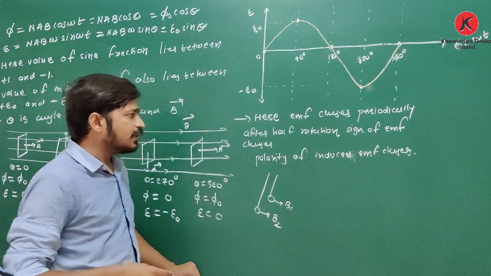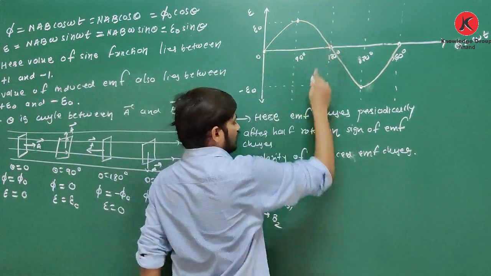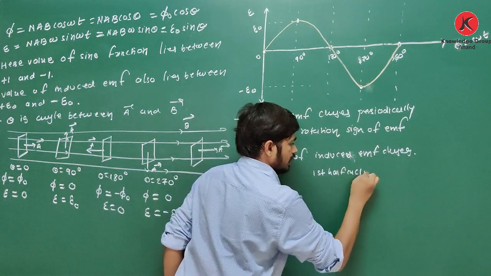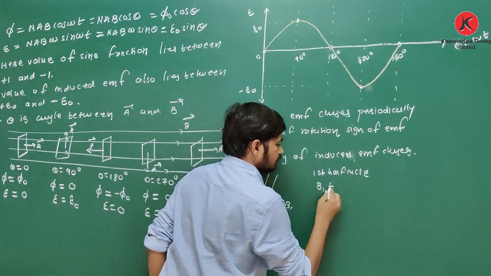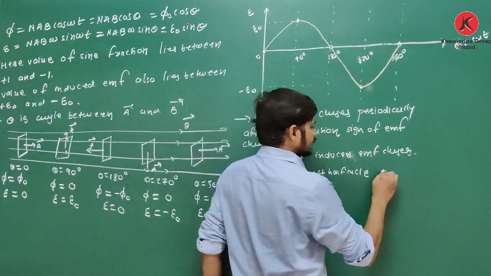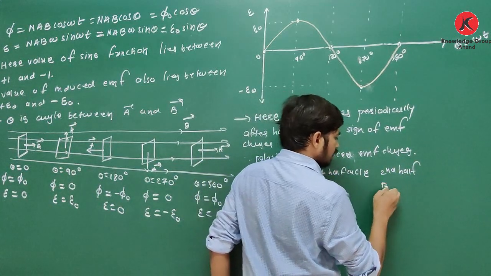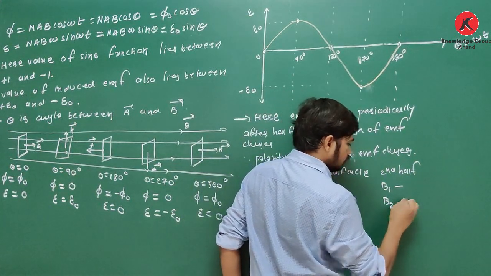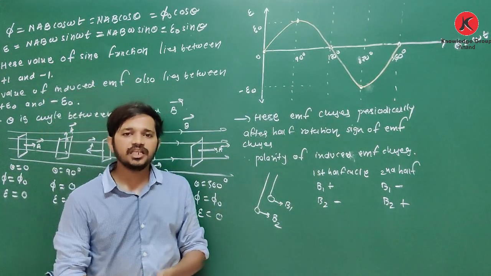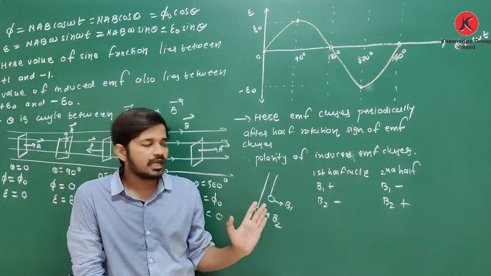Suppose during the first half cycle B1 becomes positive and B2 becomes negative, then during the second half cycle B1 becomes negative and B2 becomes positive. Their polarity changes, and this then repeats.